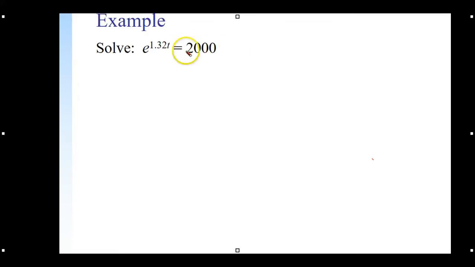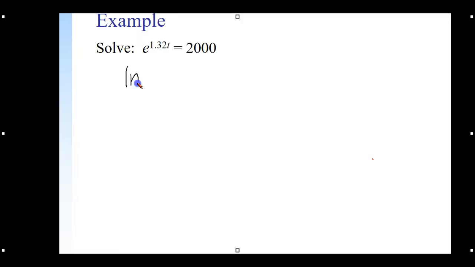Now for this example, and we have some like this on our mini lecture booklet, here this is a natural log that we're going to convert this exponential to, so it'll look like this.